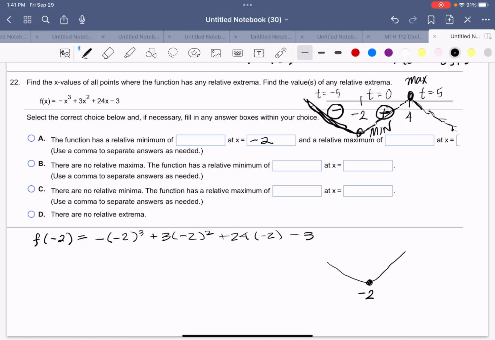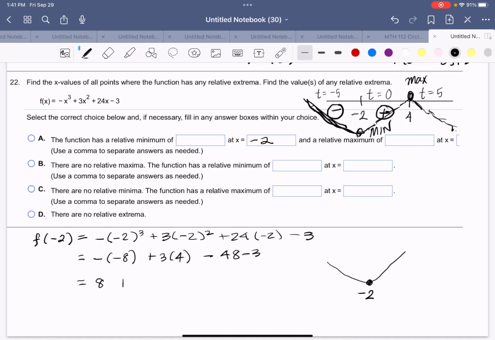Now, if you enter this carefully with the parentheses like this and always put your negatives in parentheses, you can type that directly in the calculator using the parentheses key. I'm going to just do it manually, so that's going to be a minus of minus 8, and a 3 times 4, and a minus 48, minus 3.